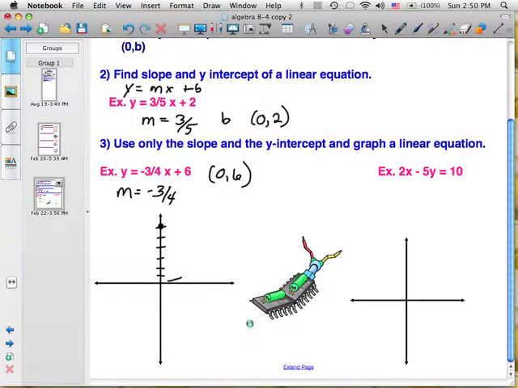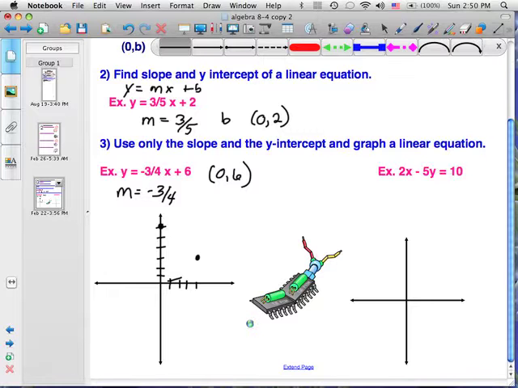So to get another point, we go down 3, 1, 2, 3, and always move to the right 4. And then we connect the y-intercept with that second point, and we have the graph of the line.